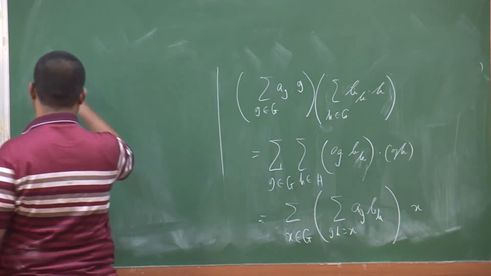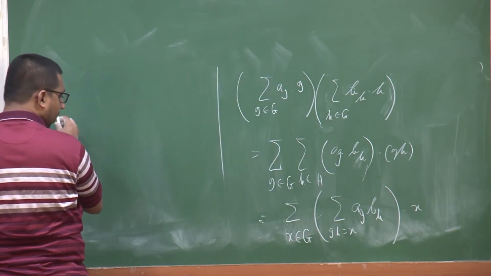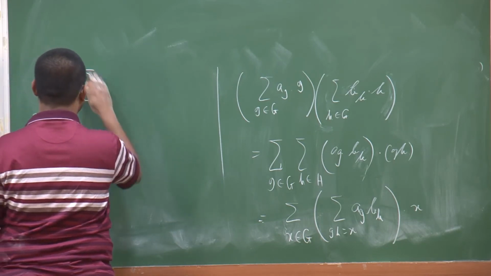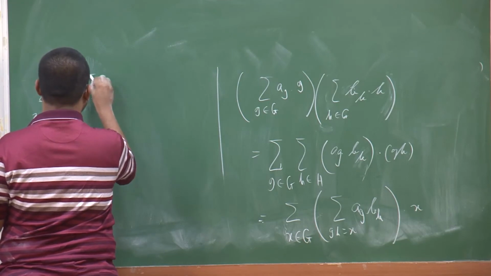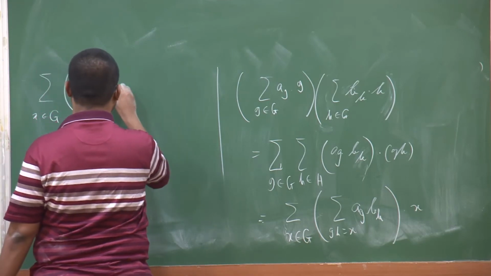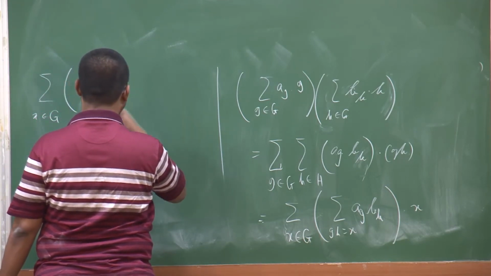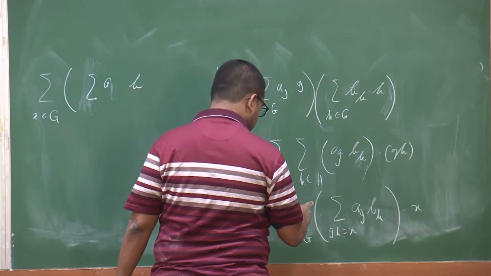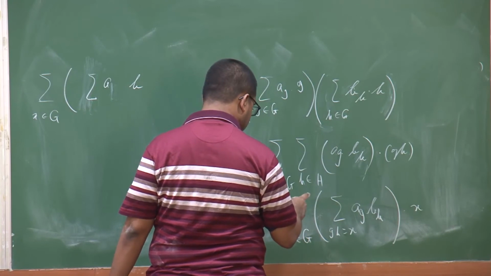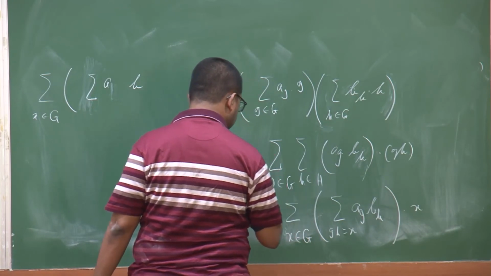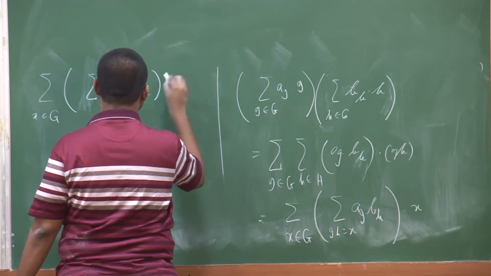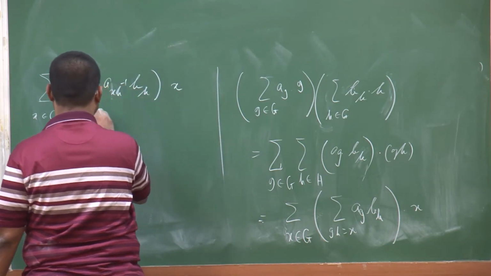Yeah, maybe that's a better way. So here it will be the sum of a_{x H inverse} b_H.